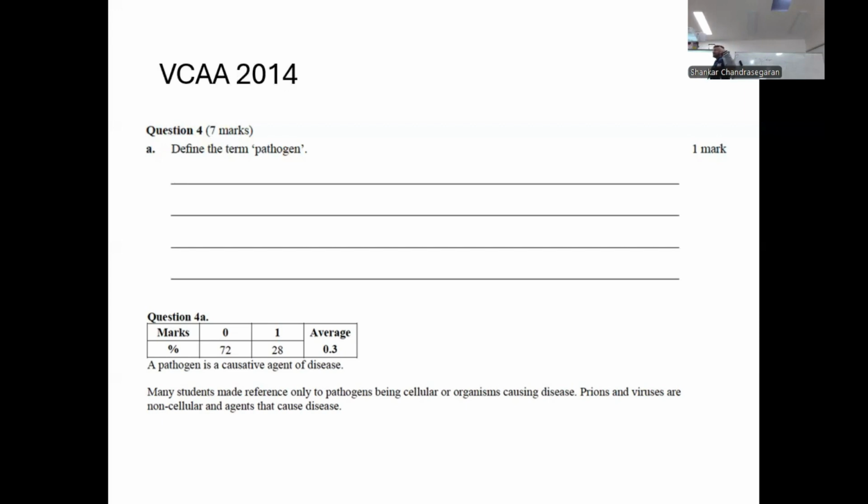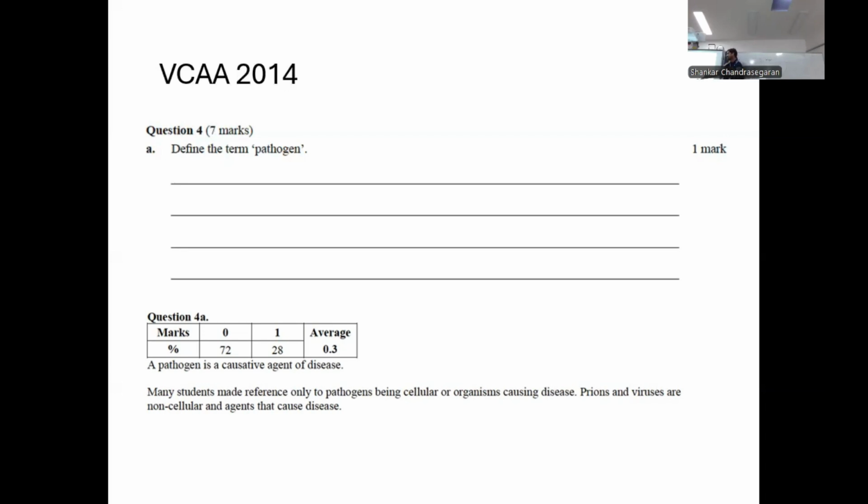One is living, the other one is non-living. So can we use the word organism for a virus or prion? No, because that's not living. Organism means living. So by saying pathogens are an organism that can cause a disease, we are basically saying that they are all alive, which is incorrect, and that's where you lose a mark.